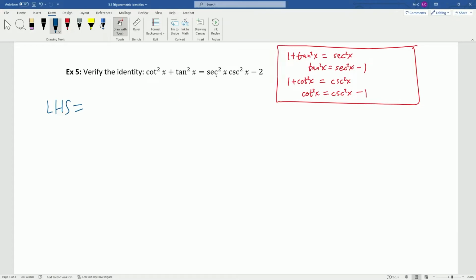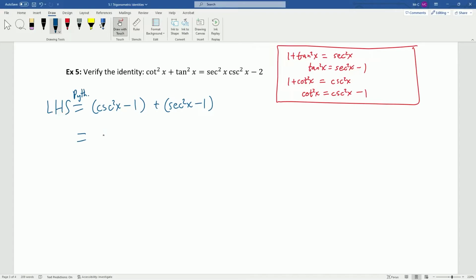So when I plug in cotangent squared of x in place, I get cosecant squared of x minus 1 plus tangent squared of x, which is secant squared of x minus 1. So that's just Pythagorean identities.